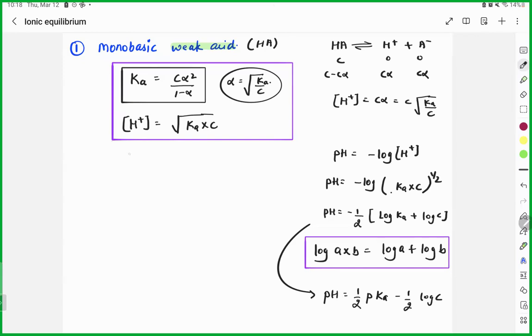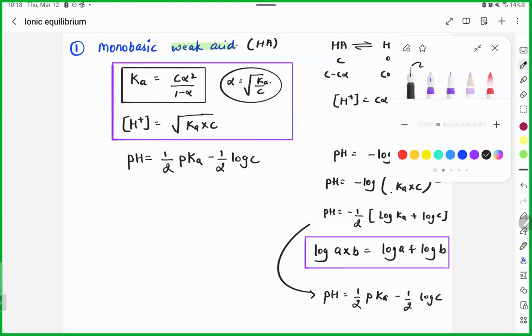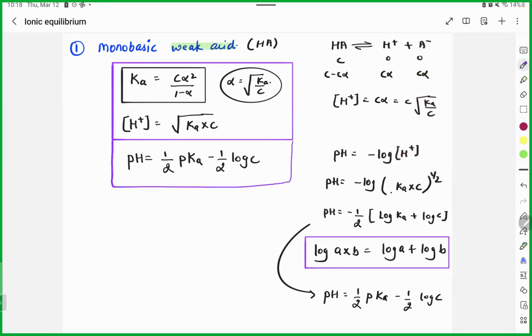So in the same situation, your pH value is equal to 1 by 2 pKa minus 1 by 2 log C. Very, very, very important.